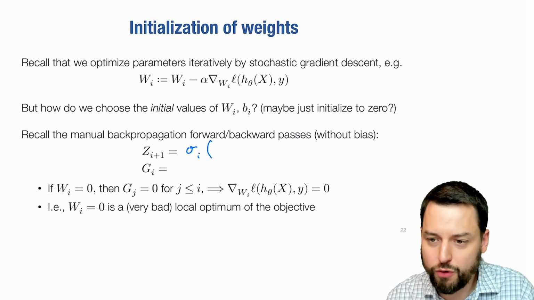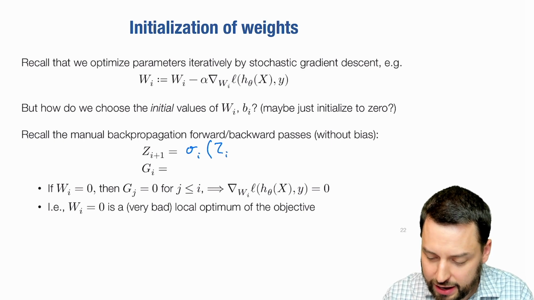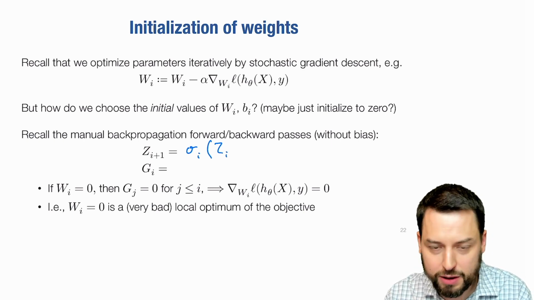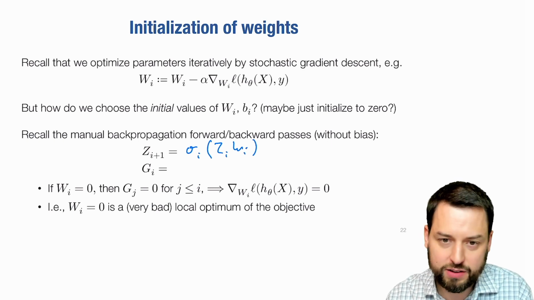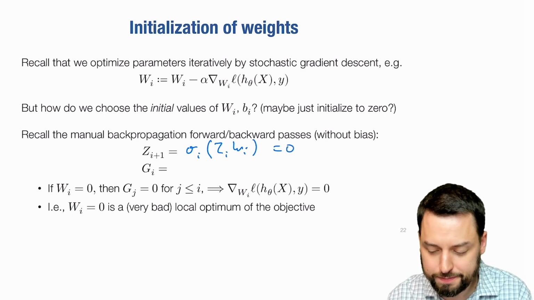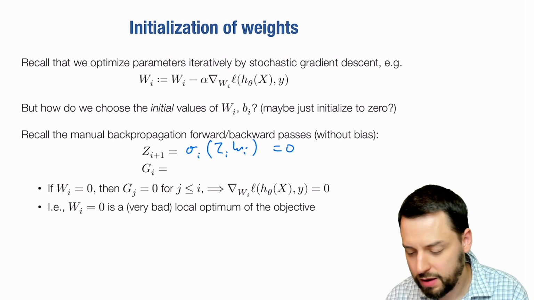So what would our forward pass be? Our forward pass would be z_{i+1} = σ_i(z_i W_i), which, because W_i is 0, is also just going to be 0. Always.